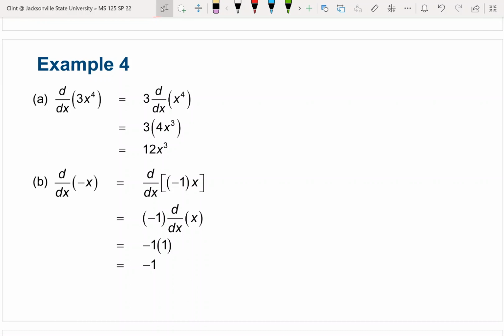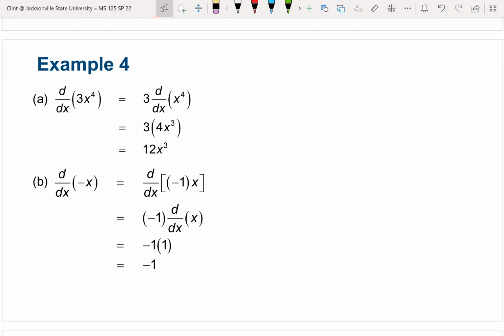The technical way of thinking about it is that we can bring the 3 out in front of the derivative because it's a constant, and then find the derivative of x to the 4th. So using the power rule, that would be 4x to the 3rd times 3, and then get 12x to the 3rd.